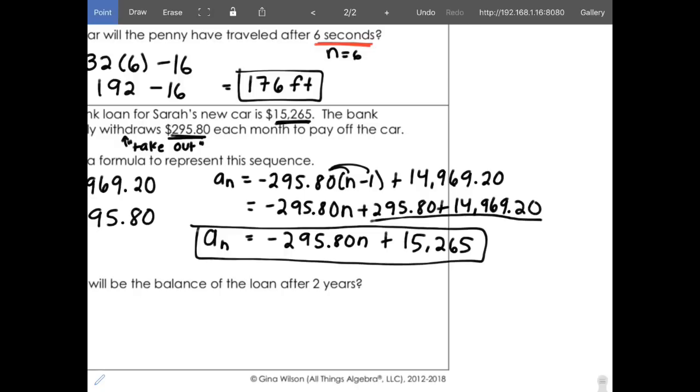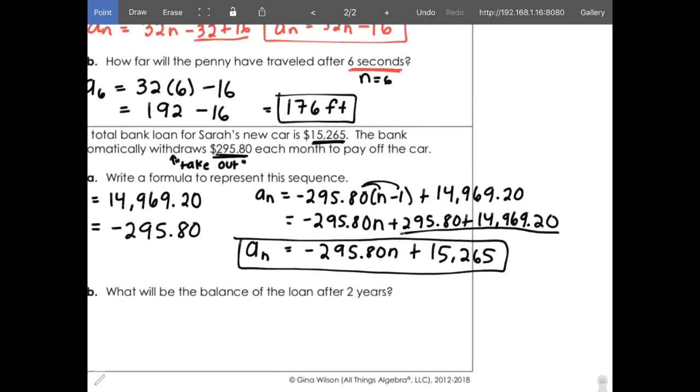Because think about this. This is how much she has to pay on her loan, right? And every month we're subtracting $295.80. So let's say after 1 month, you plug in a 1 here, right? Didn't we just do 15,265? Anything times 1 is the number, right? So what's 15,265 minus $295.80?